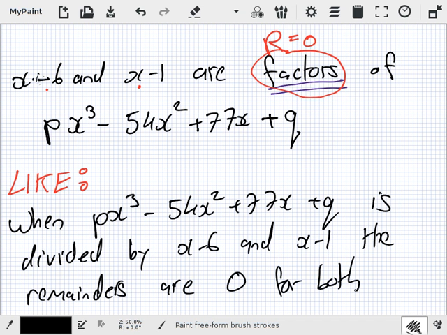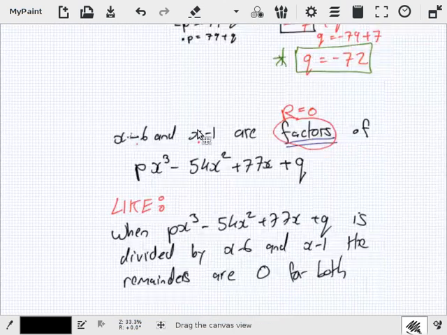That's the meaning here. It means when I divide by those two, I get a remainder of 0. So can you see how it's like the previous question? What should I do now to solve this? What's my first step here?